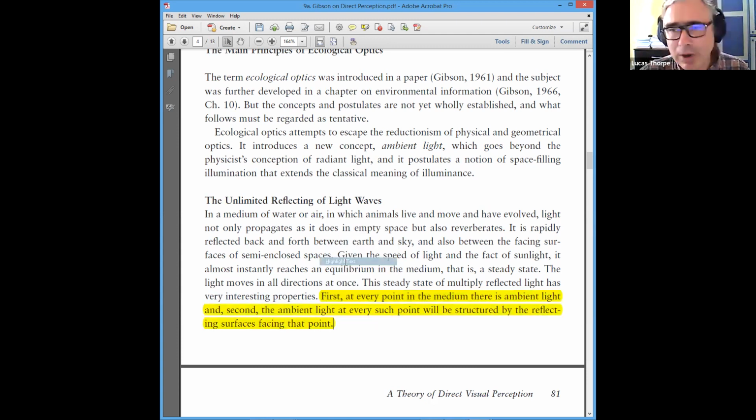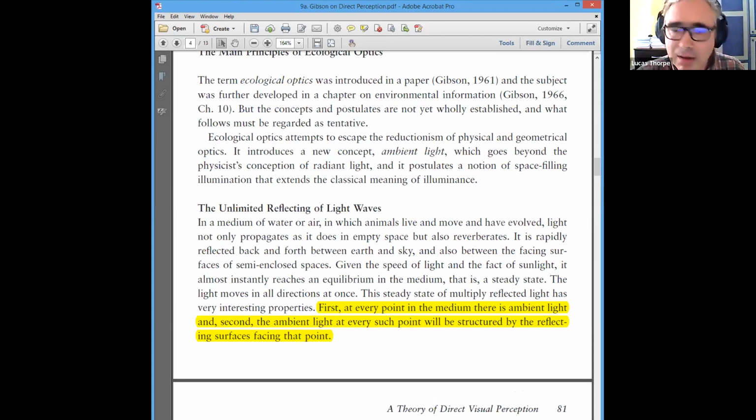So at any point in the empty space in a lighted environment, any possible point of observation is going to be full of structured light. Now, what exactly does this mean? So let's have a look at his other book.